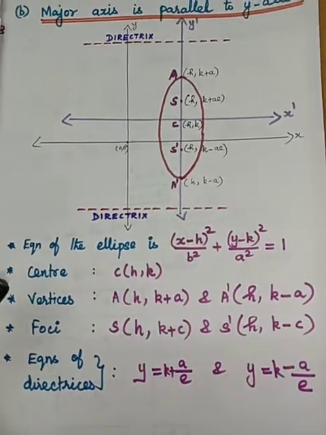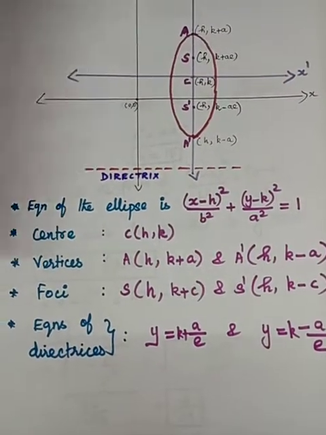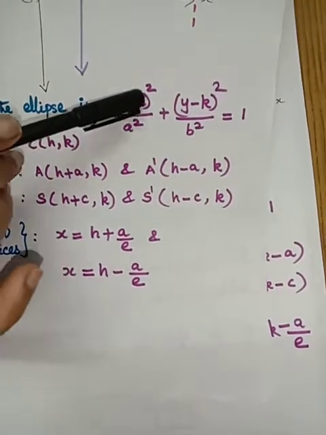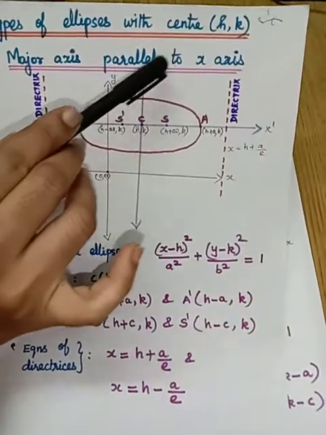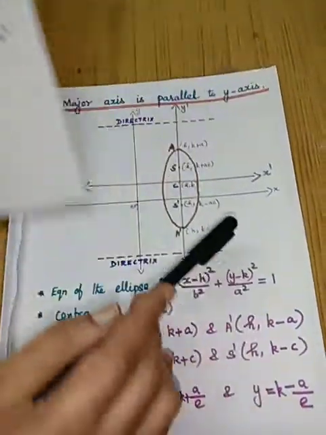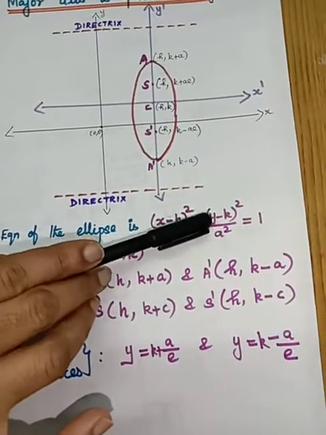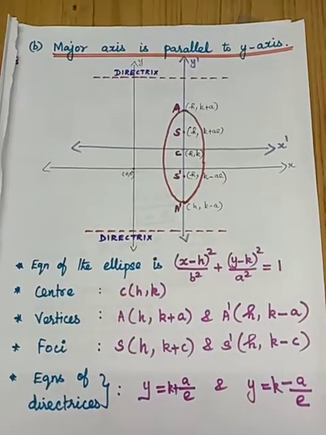In an ellipse, a is always greater than b. So if the bigger number a squared occurs below x minus h, the major axis is parallel to the x-axis. If the bigger number a squared occurs below y minus k, the major axis is parallel to the y-axis.